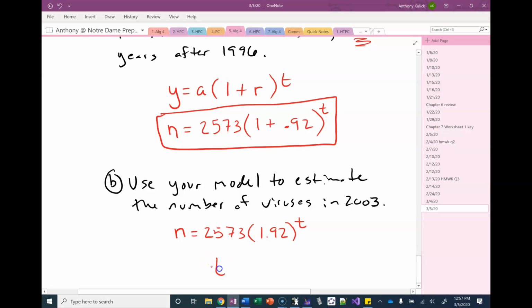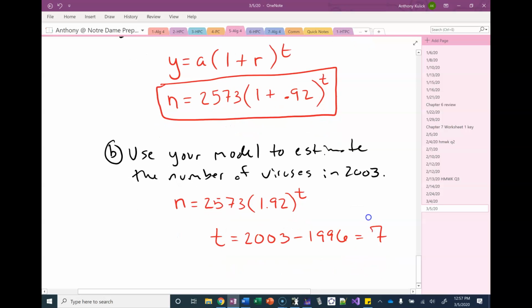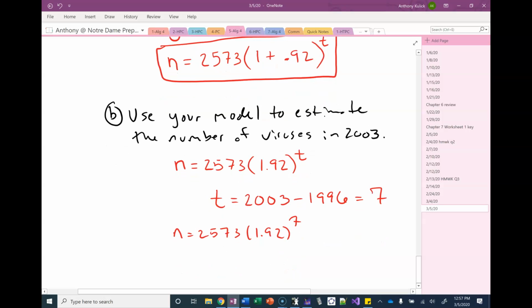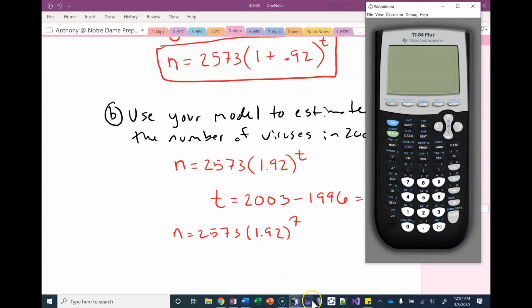Very good. So Harley says it's the number of years between 1996 and 2003, which would be 7. So I'll plug that in and then go to my calculator and type this in and see what I get.